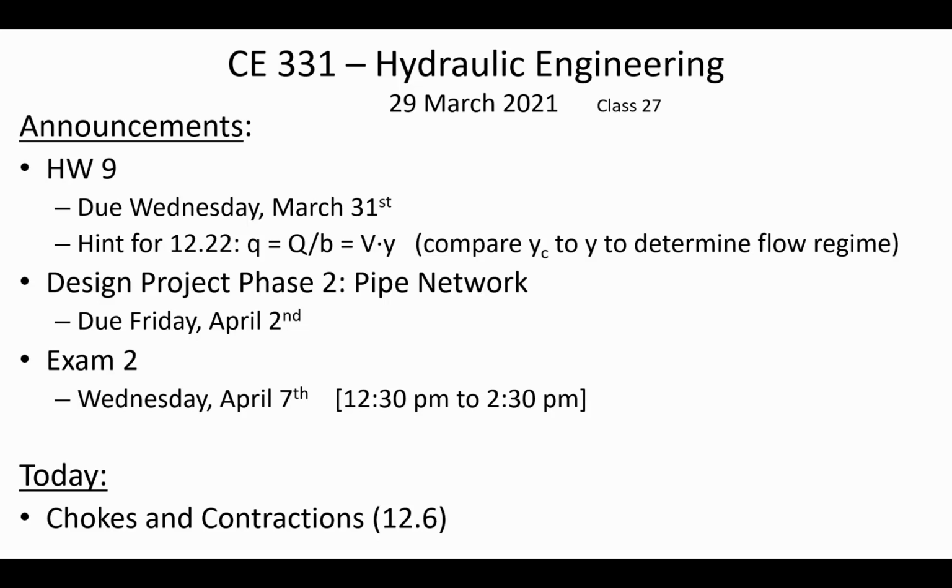But then the other way is to compare the flow depth to the critical depth. So what you'll find in that problem, 1222, is you can find y sub c and compare it to the given depth that they tell you. And then whether it's supercritical or subcritical is going to tell you which root of the cubic equation to select as the solution that we're looking for.